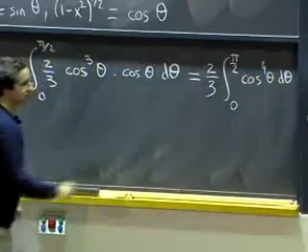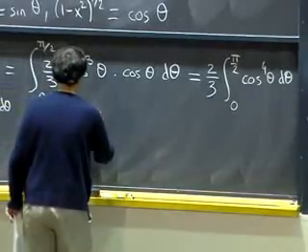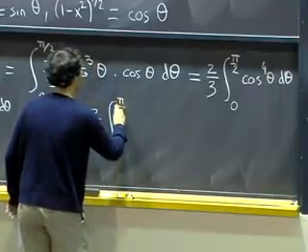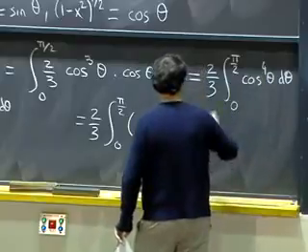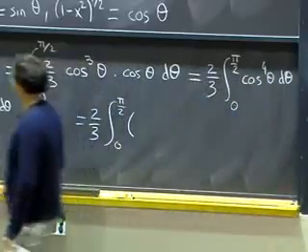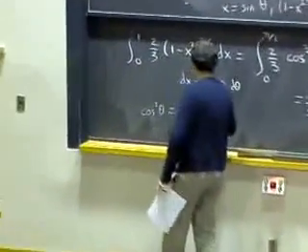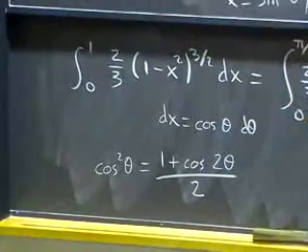And how do you integrate that? Well, you have to use double angle formulas. So cosine to the 4: remember, cosine squared theta is 1 plus cosine 2 theta over 2, and we want the square of that.